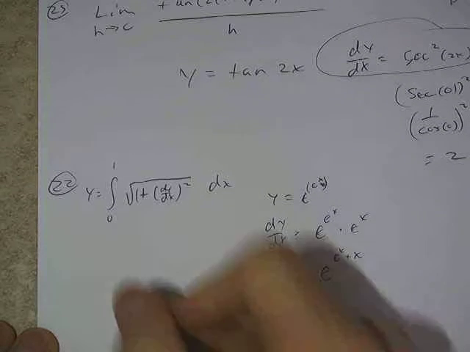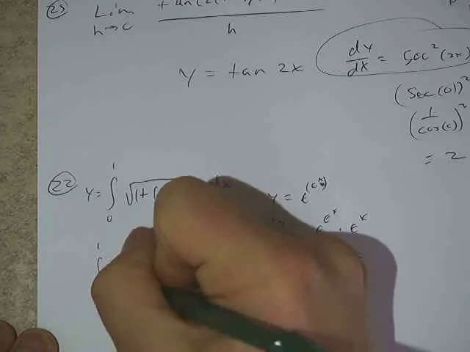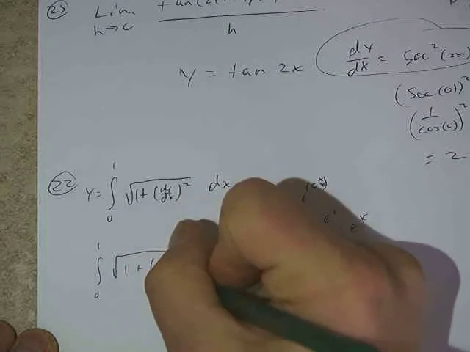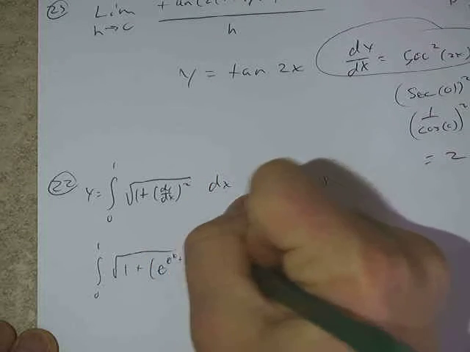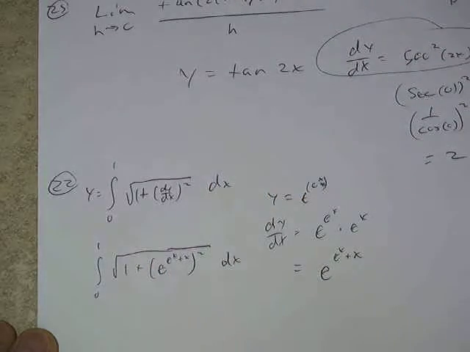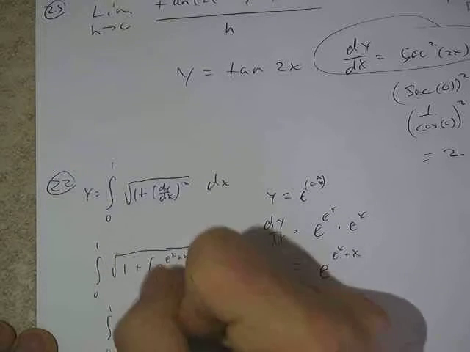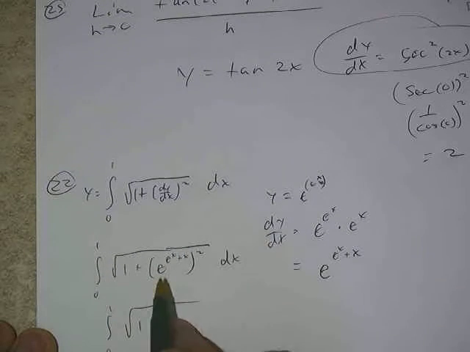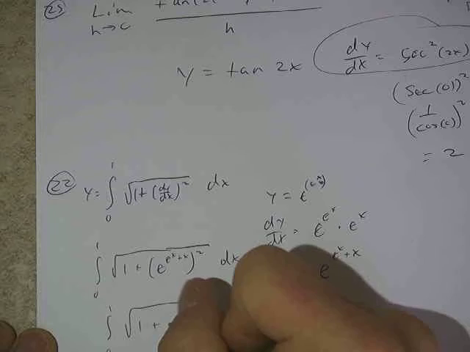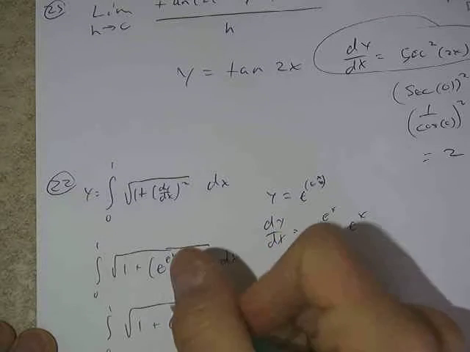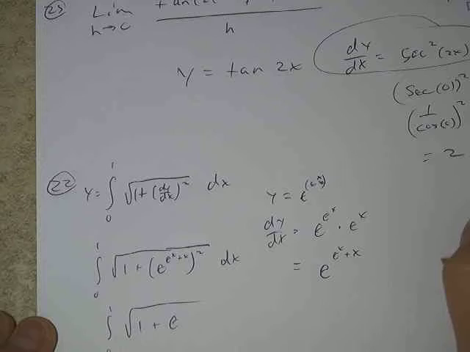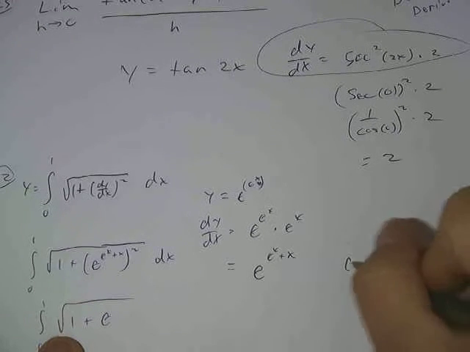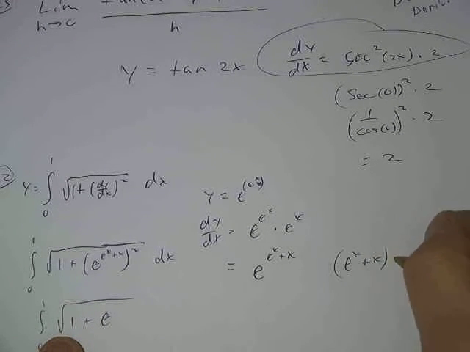So if that's our derivative and we put it into our function here, and we do e to the x plus x all squared dx, we'd wind up with 0 to 1. And if we square this, we've got a power to a power situation. So what we do is multiply the powers. All right, keep in mind if I do e to the x plus x times 2, make sure we don't get confused on the powers.